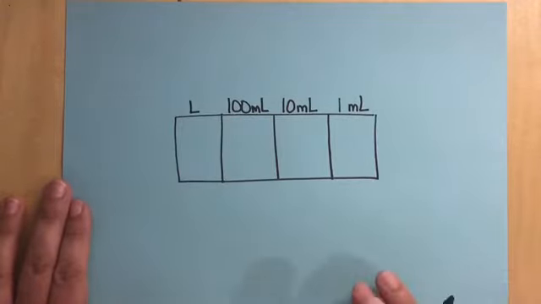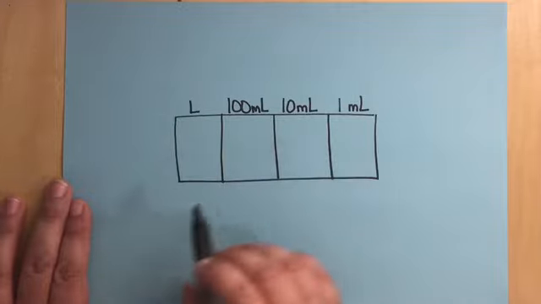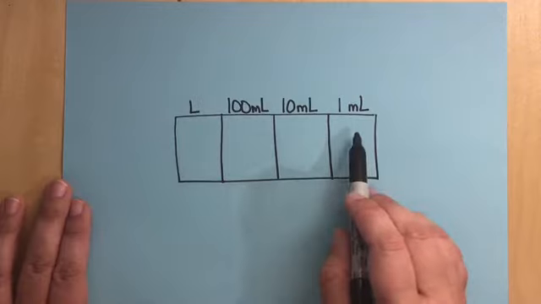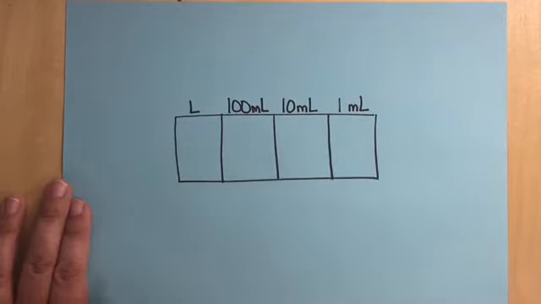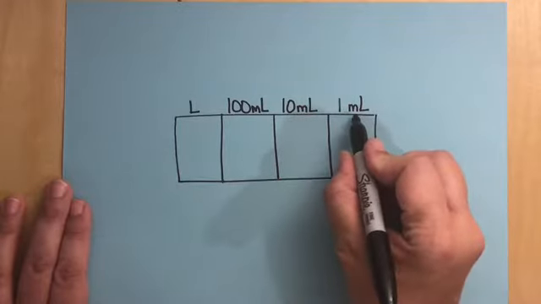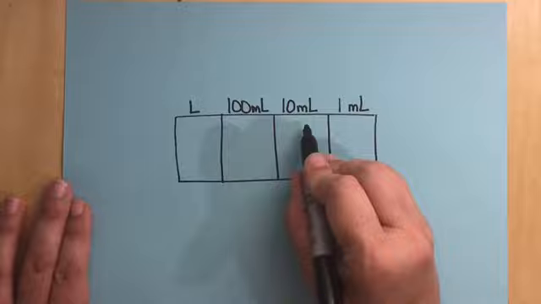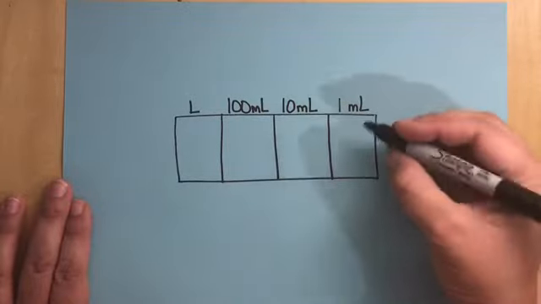We're going to do this to reason about the size of a liter versus a milliliter. We already know that 1,000 milliliters equals a liter, but let's go ahead and use something similar to our place value to help us get there. So how many 1 milliliters do I need to get to 10 milliliters? Let's go ahead and count by ones until we get to 10.